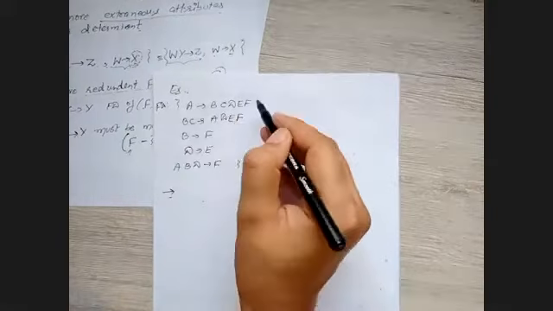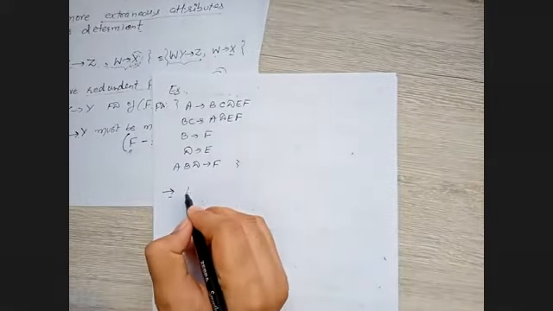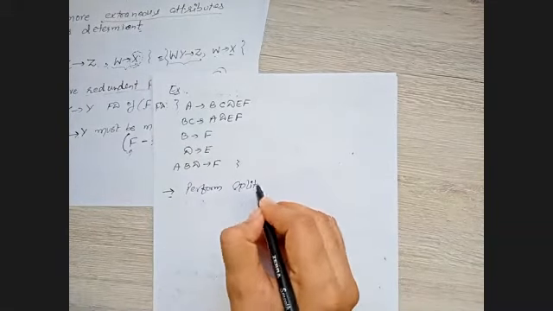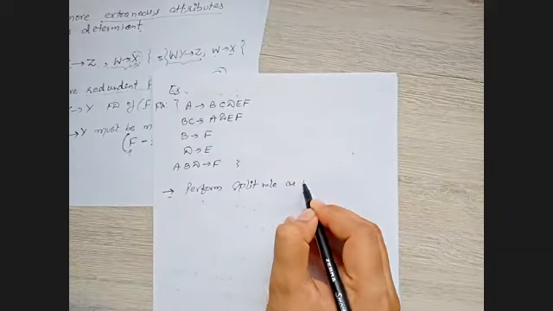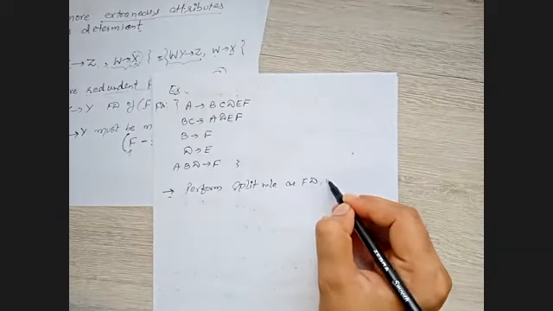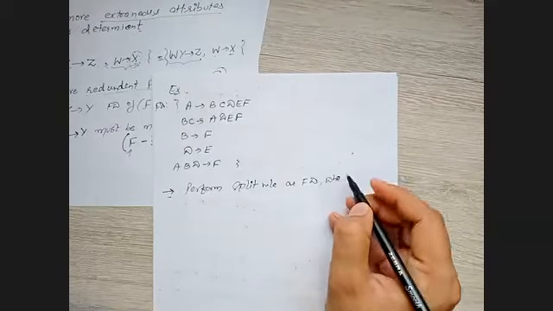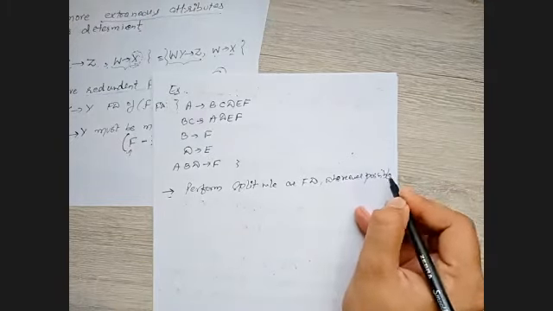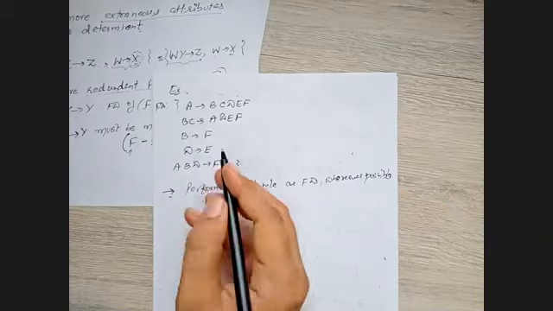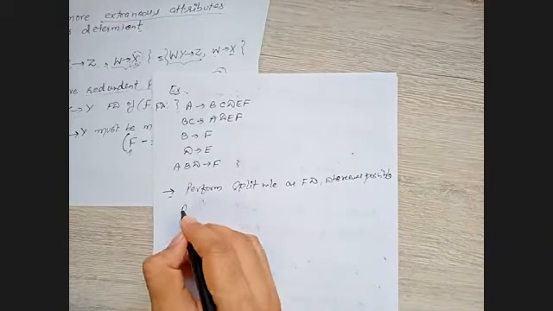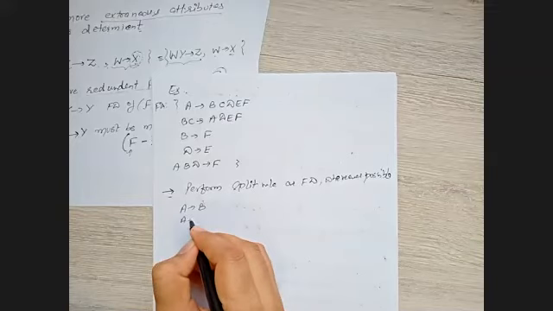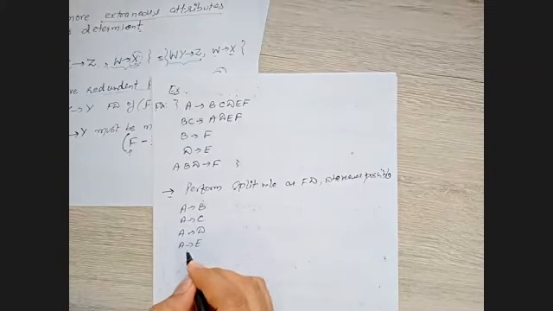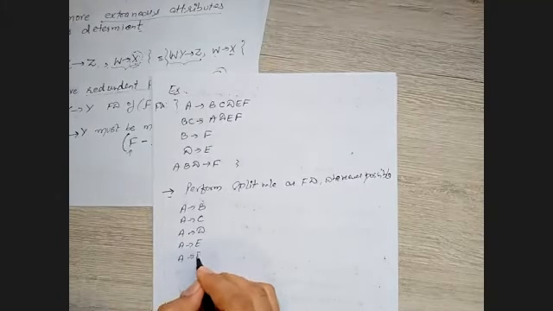Perform the split rule over functional dependencies wherever possible, not everywhere. For example, not in this part, not in this. So if we perform the split operation, what we get? A gives B, A gives C, and so on. It will help to solve the question.